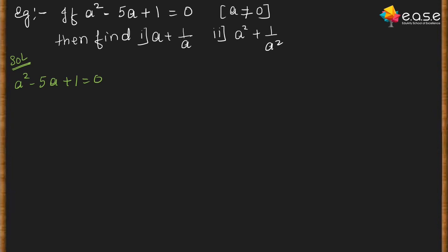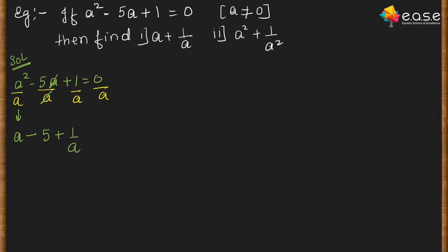Divide both the sides by a. You will get, this will give you a. Okay, ये और ये cancel हो जाएगा. Correct? So this will give you 5. This will give you plus 1 by a, and 0 by a will give you 0.